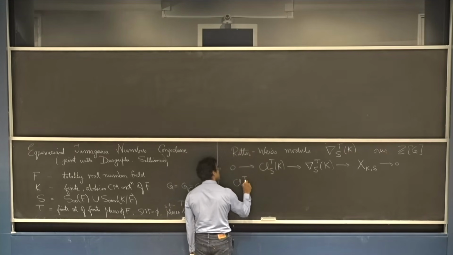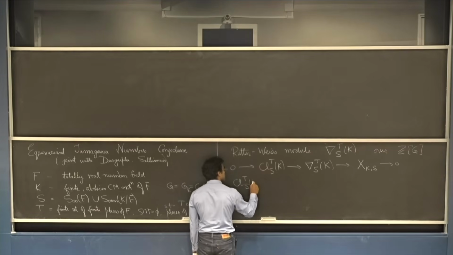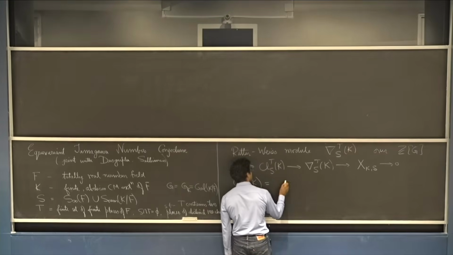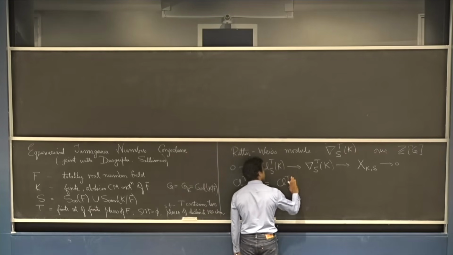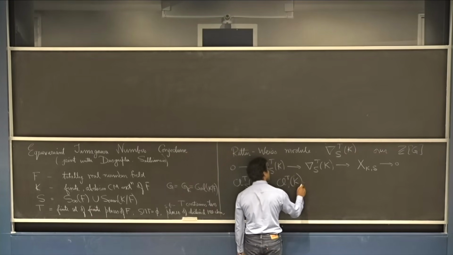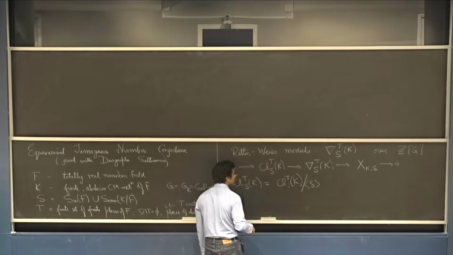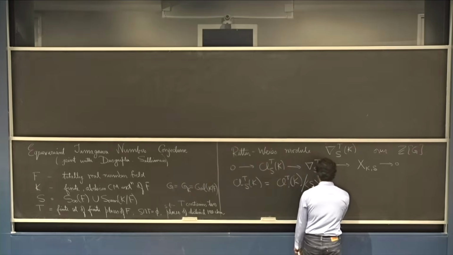So Cl_T^S(K) is the class group of K modulo the primes in S, so you kill all the places that are in S, meaning finite places.